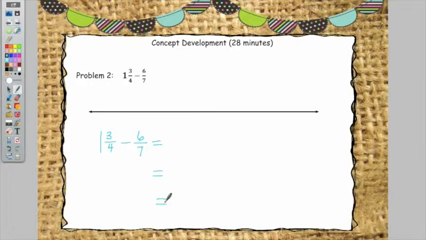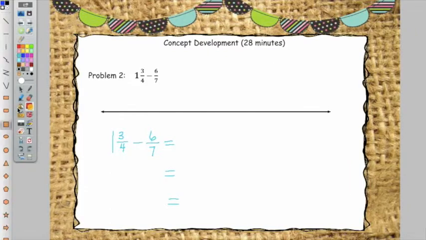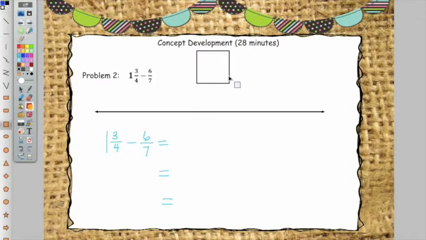So rewrite the problem below. Okay, is my first fraction larger or smaller than my second? Larger? Really? Not larger. Let's see if we can check it right here. I'm going to do 3/4 and I'm going to make 6/7.